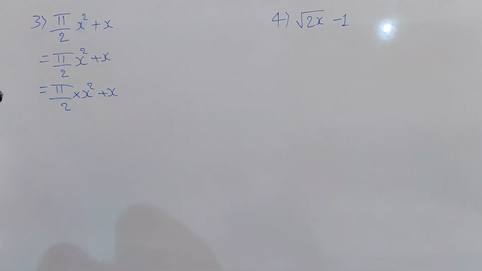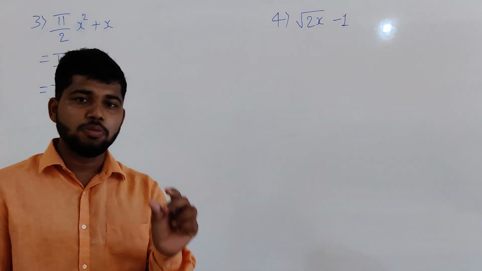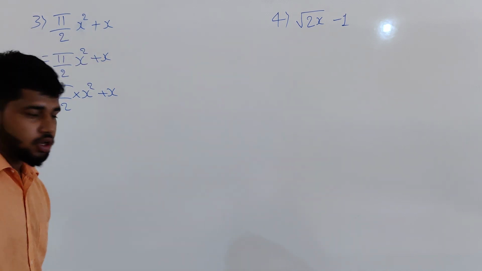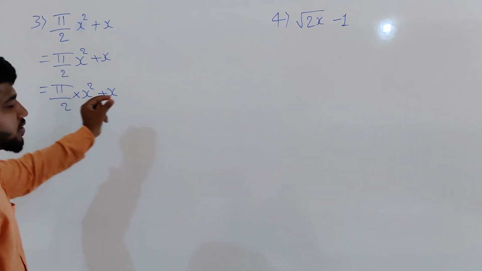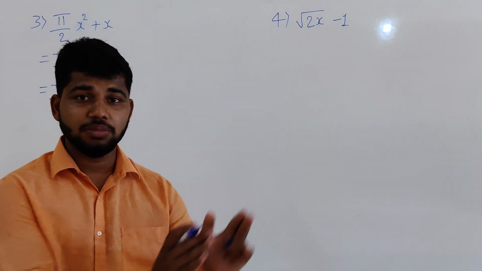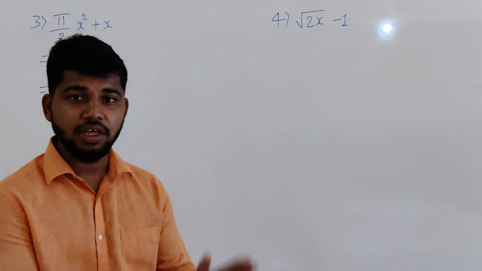Now, what is the coefficient of x square? They ask the question, what is the coefficient of x square? They have given two terms here, a polynomial: pi by 2 x square plus x.